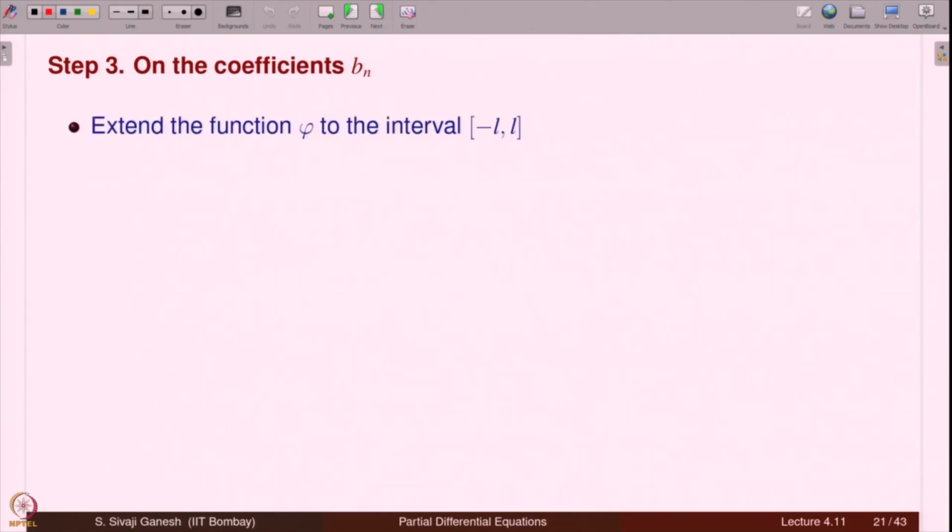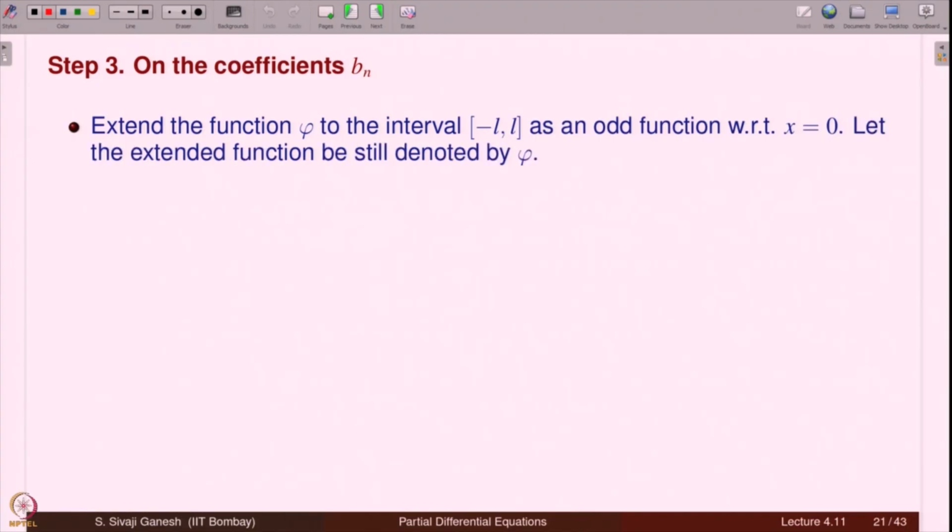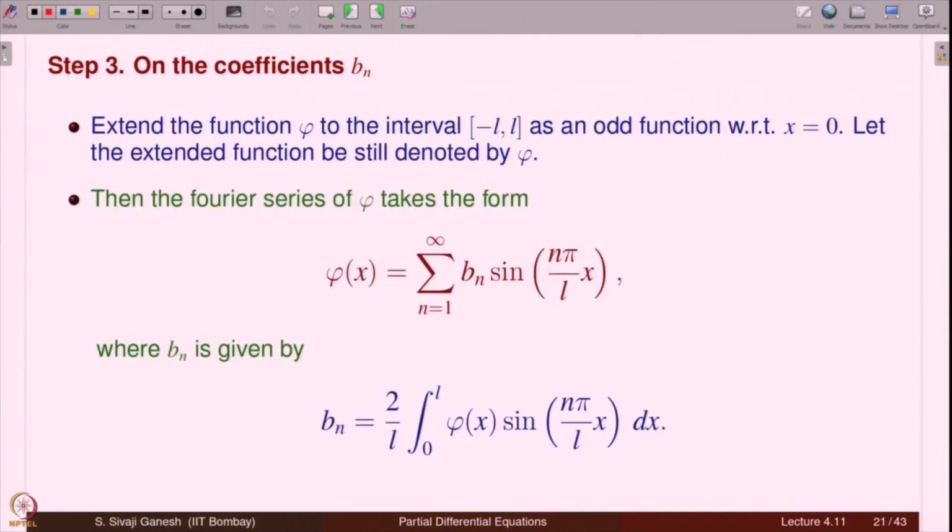So, extend the function phi to the interval, phi is given only on 0 l, right. So, extend it to minus l comma l as an odd function with respect to x equal to 0. Let the extended function be still denoted by phi. Then the Fourier series of phi takes this form, phi x equal to summation n equal to 1 to infinity bn sin n pi by l x.